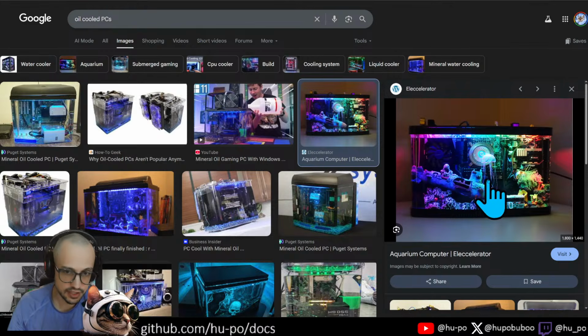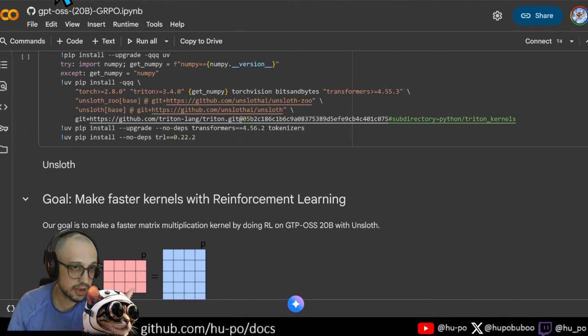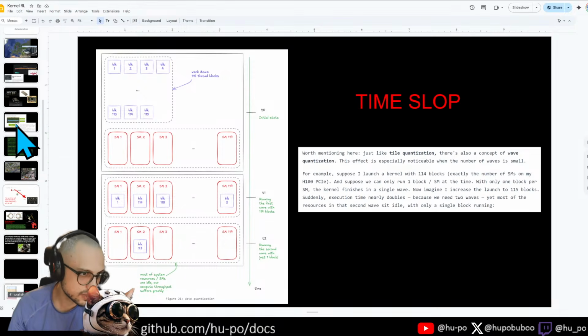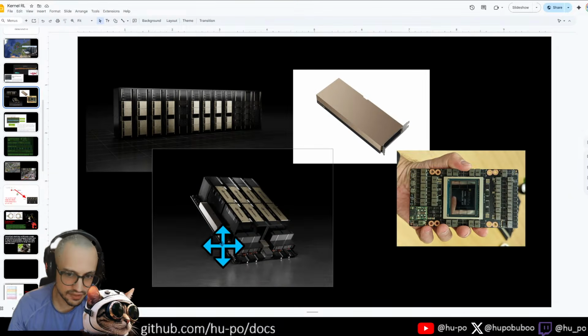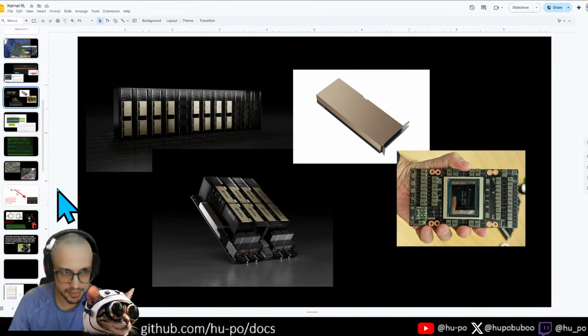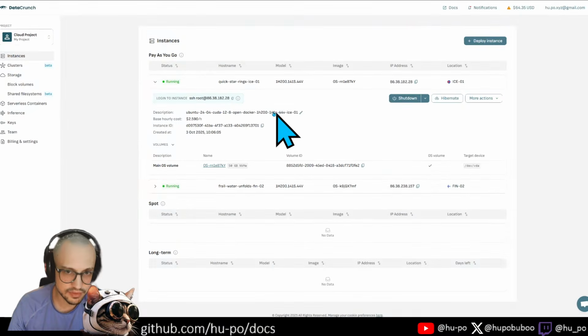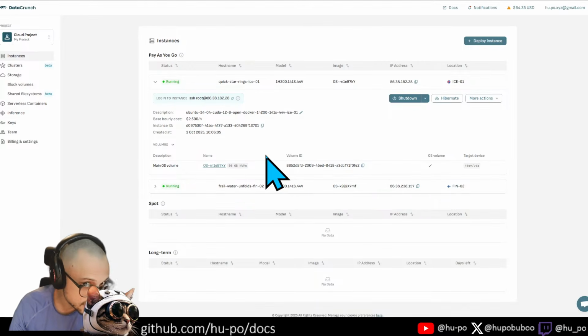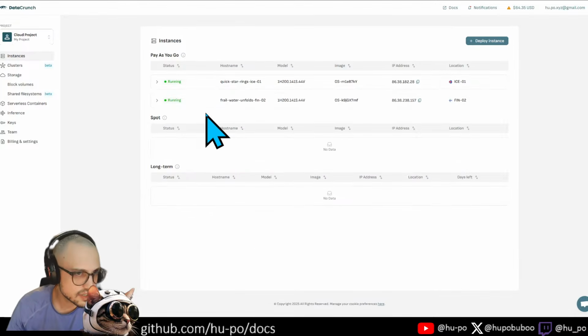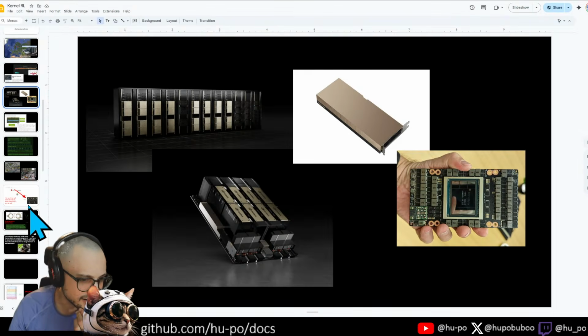Now you potentially need to do this mineral oil PC stuff or add liquid cooling. And if you're talking about data centers, now you have to start thinking about, okay, well, if I overclock it, it's going to reduce the lifetime of this chip, and I have some amortized cost that I paid $30,000 for this GPU, and now I need to sell it for $2 an hour. So there's a lot of complicated finance there.